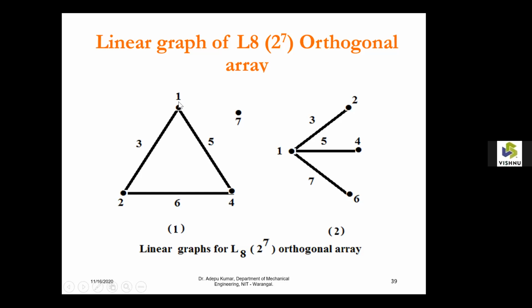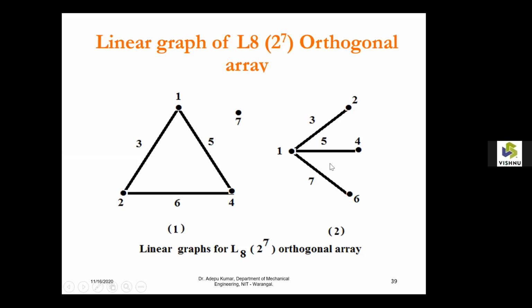Suppose the parameters are A, B, C, D. Interaction between A and B exists, A and C exists, and B and C exists, and D does not have any interaction with any other variable. So here D is alone in this linear graph. Whereas here, A, B, C, D: A is interacting with B, and also with C, and also with D.